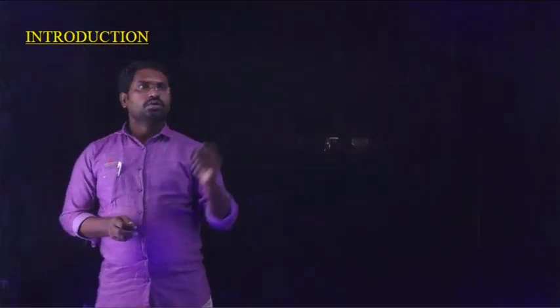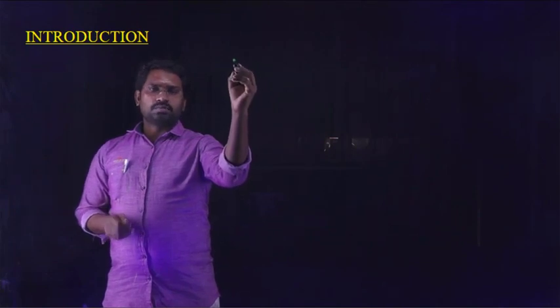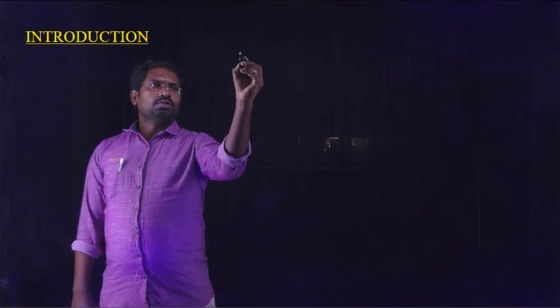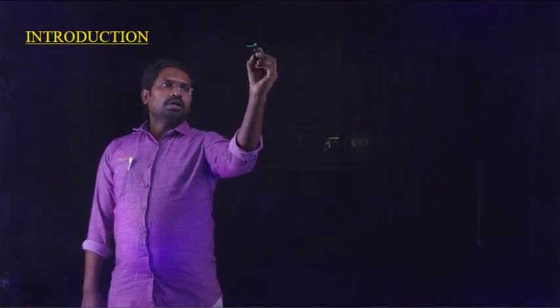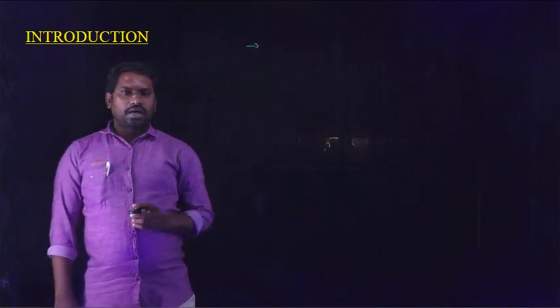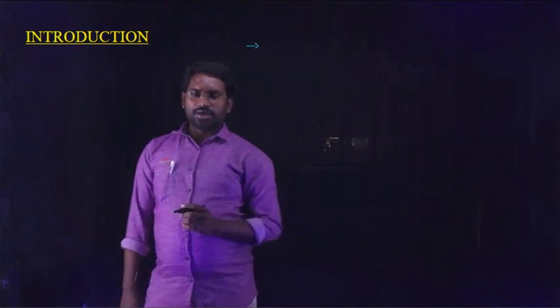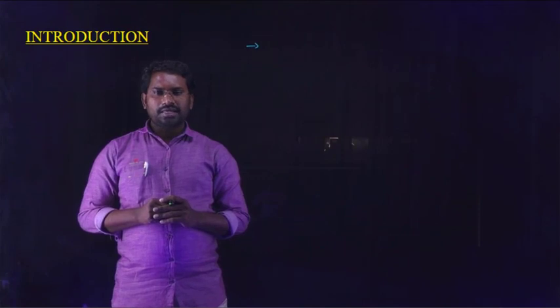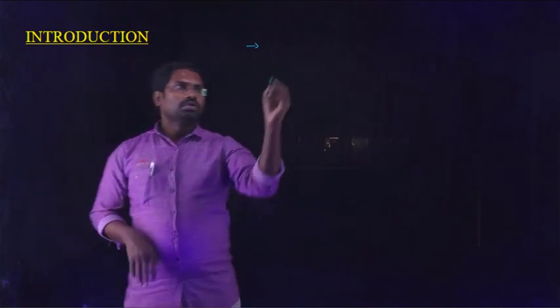What are interhalogen compounds? Interhalogen compounds are nothing but compounds formed when halogens react with each other, giving new binary compounds that are known as interhalogen compounds.